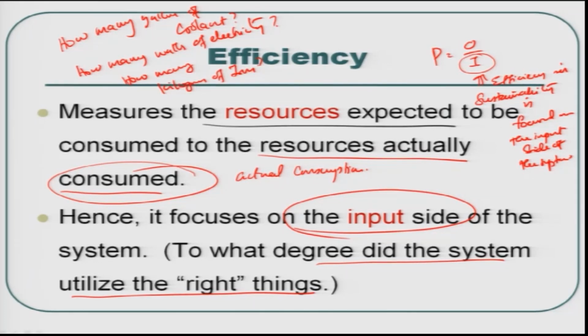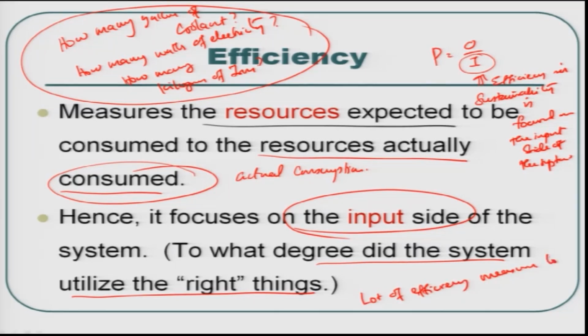So, these are the aspects that we look at on the input side. To a large extent you will see in this course that we do a lot of efficiency measures to obtain sustainability.